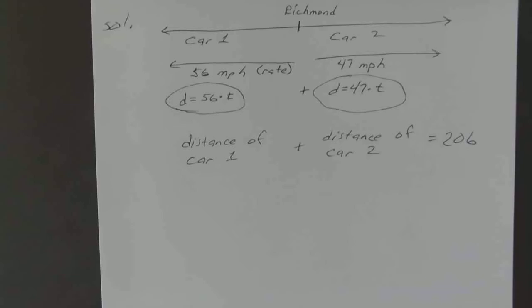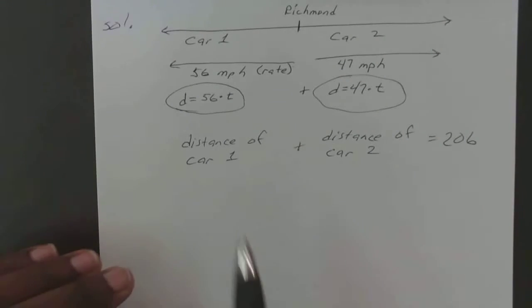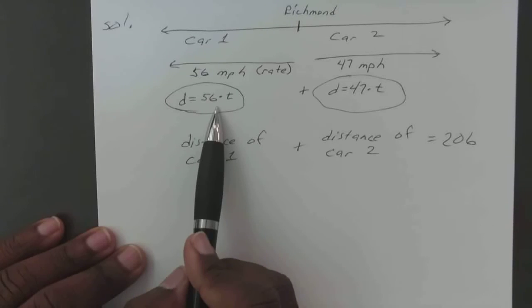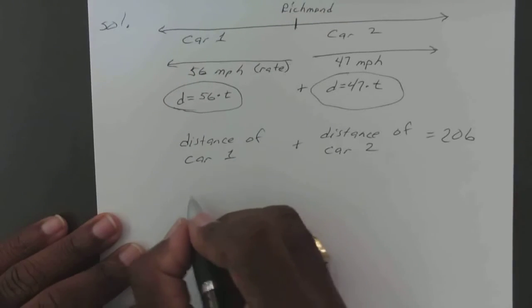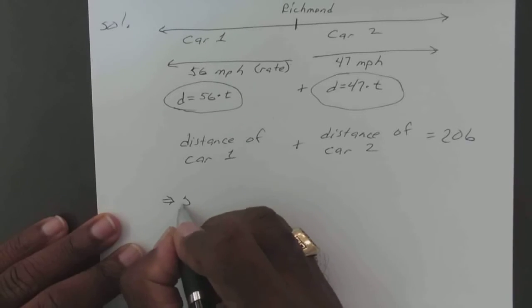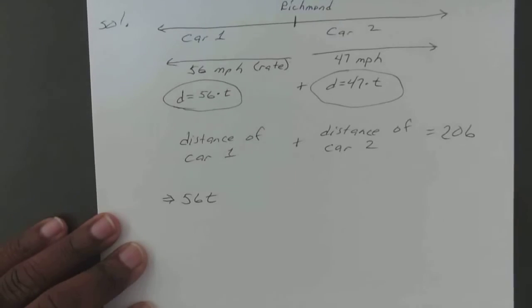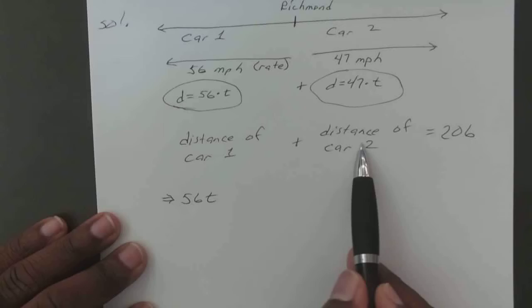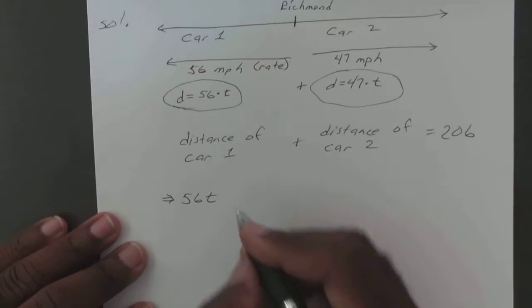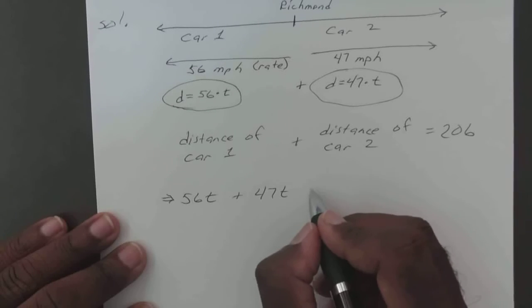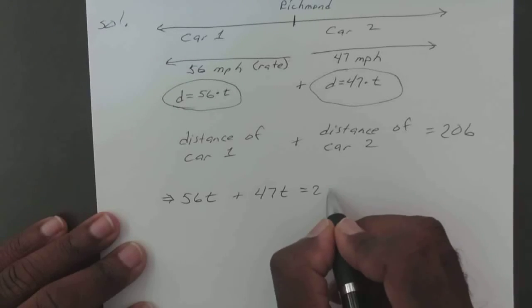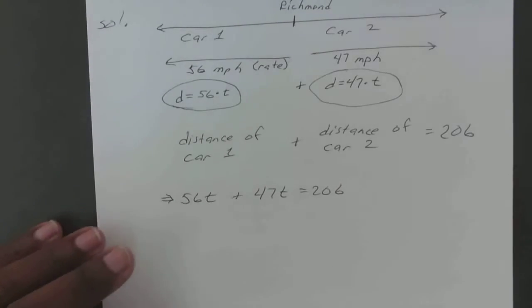Okay. Does that make sense? All right. Okay. So we know the distance for car number 1 is 56 times t. Okay. So 56 times t plus the distance of car 2, which is 47 times t, equals 206.